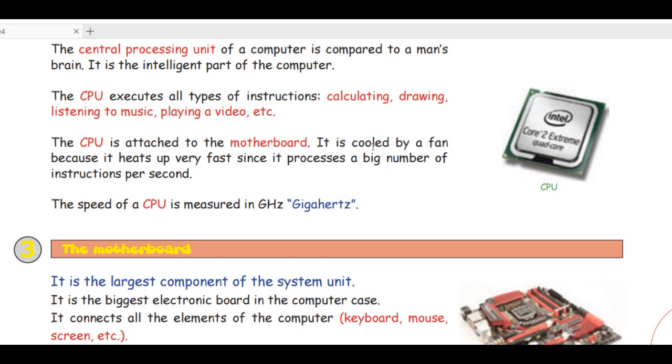And if you consider that your students are ready to understand and accept the measurement unit of the speed of a CPU, which is gigahertz, go ahead and give it to your students. Since they know that data are stored and measured in megabytes and gigabytes, the speed of the CPU will be in gigahertz.